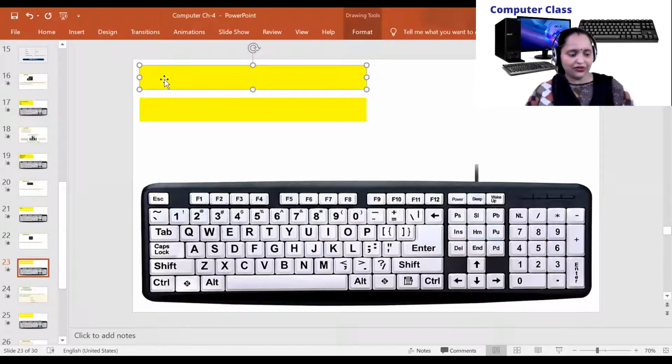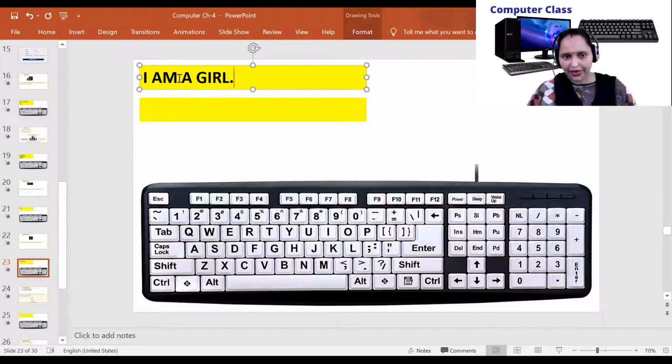Again, I am writing one sentence. The same sentence I am taking so that it will be easy for you to understand. So you can see on the screen that I have written, I am a girl.